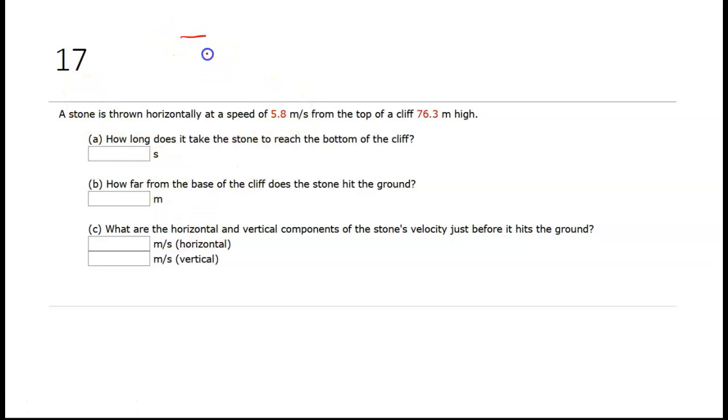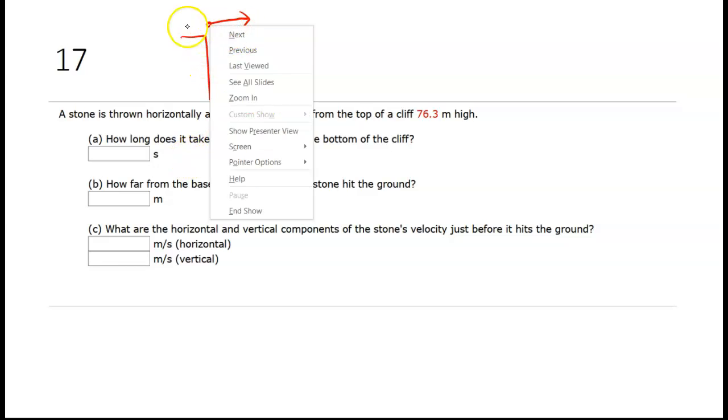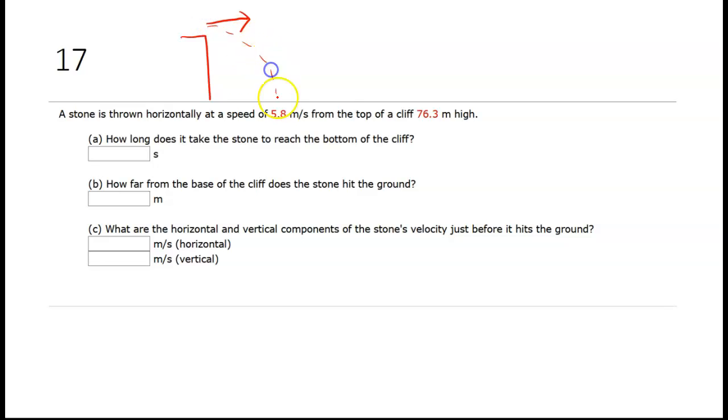Horizontally launched projectiles just utilize free fall motion in the vertical with constant horizontal velocity. So when I look at what's happening in the vertical and the horizontal direction, I can break it into components because I want to use my equations for motion, but they're only good in one dimension.